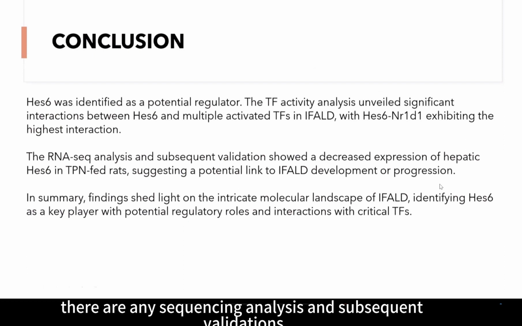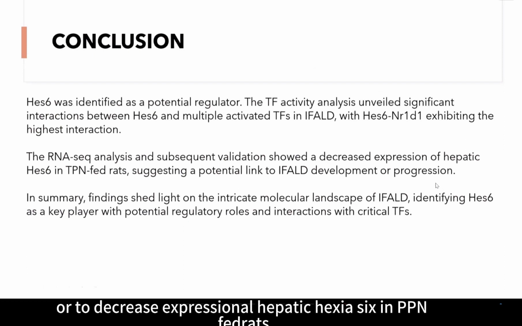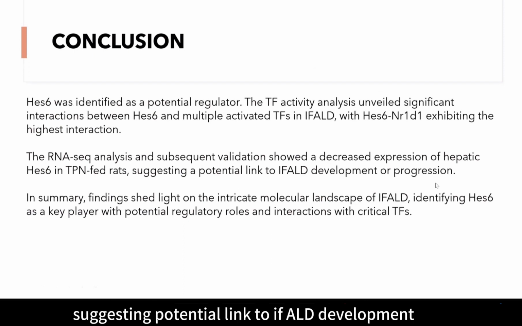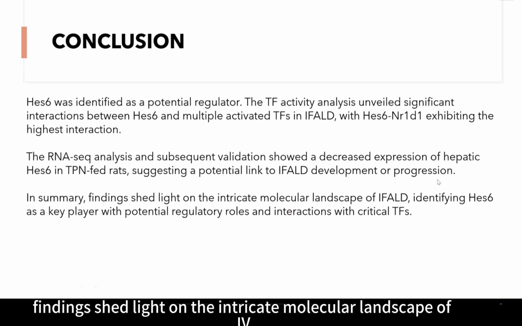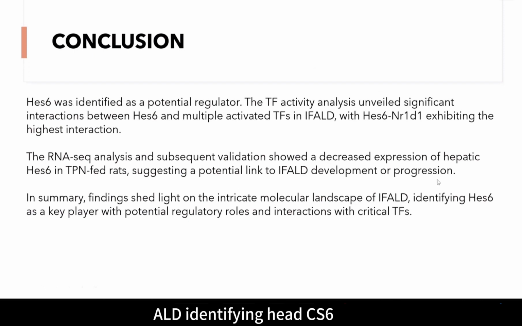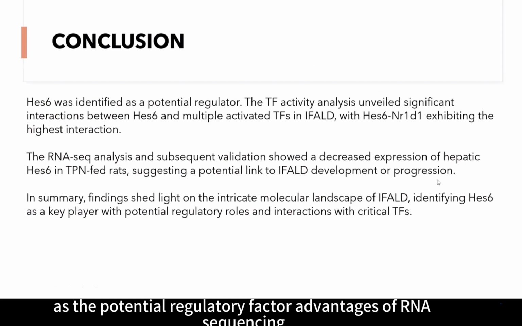The RNA sequencing analysis and subsequent validation showed a decreased expression of hepatic HES6 in TPN-fed rats, suggesting a potential link to IFALD development or progression. In summary, the findings shed light on the intricate molecular landscape of IFALD, identifying HES6 as a potential regulatory factor.